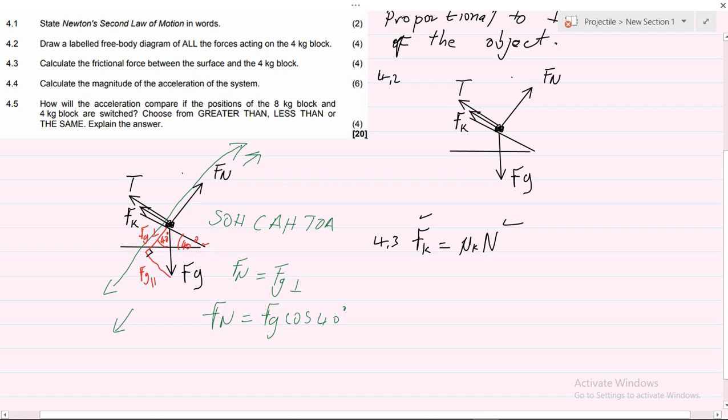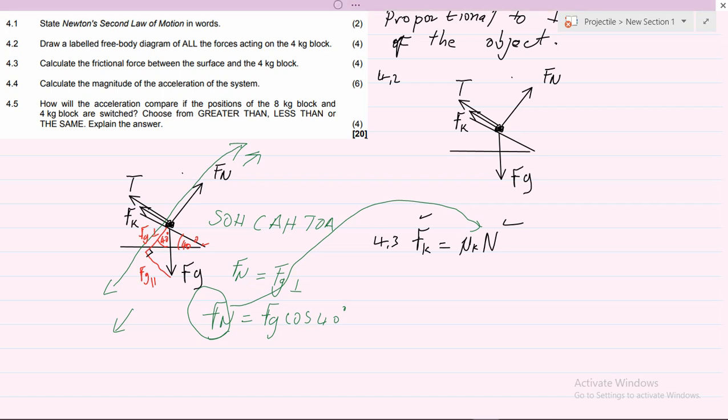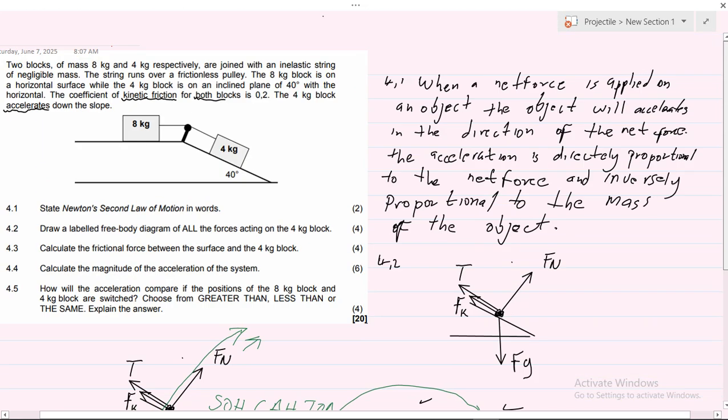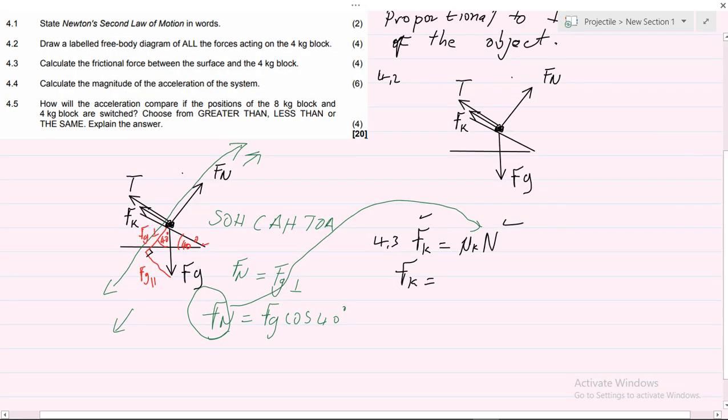Now we can substitute for the normal force, because we need it here. The normal force is equal to Fg cos 40. So now we can solve. The kinetic friction, they told us the coefficient of sliding friction is 0.2.